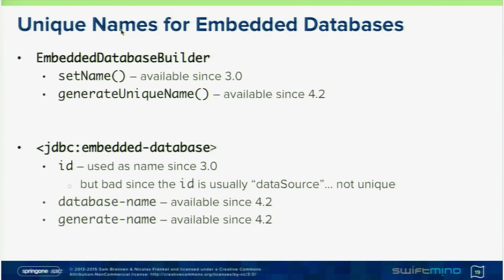Then you have two tests basically trying to access the same database. So in 4.2, we've brought the XML namespace in line with the Java config option at the builder, so we can also set the database name explicitly if we want. You can even do that with something like a SpEL expression or property placeholder if you wanted to. And generate-name is also there as well, so you can just set it to true.